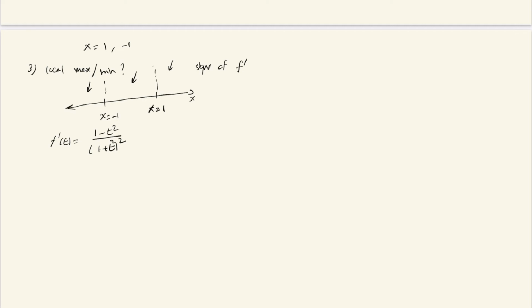So I just select some numbers randomly. I selected 0, 2, and minus 2. Again, I'm going to take these x values and plug them into the first derivative, and I want to know the signs on these intervals.